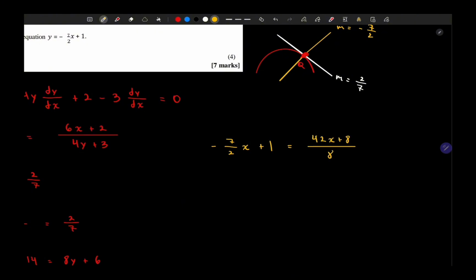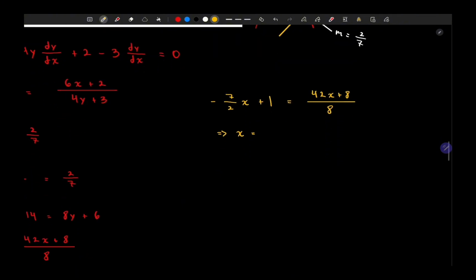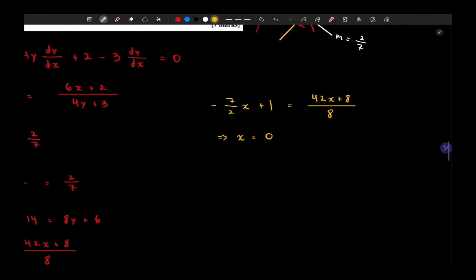I will get the x coordinate of point Q. So from this, the x coordinate will be equals to 0.